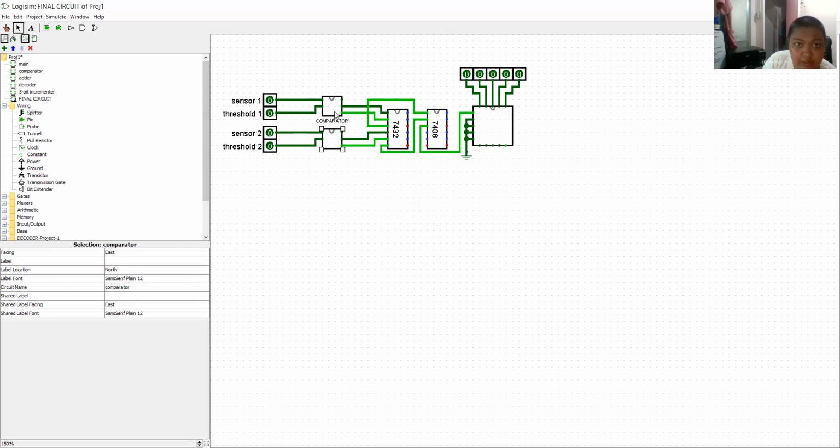Better. Let's try to change it. 8 maybe.